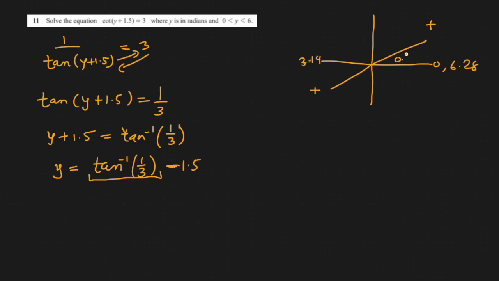So 0.322 and 0.322. The first answer will be from 0 to here. So y1 equal to 0.322 minus 1.5, which is a negative angle. We can't take it. I'll again write y1 because it was rejected.